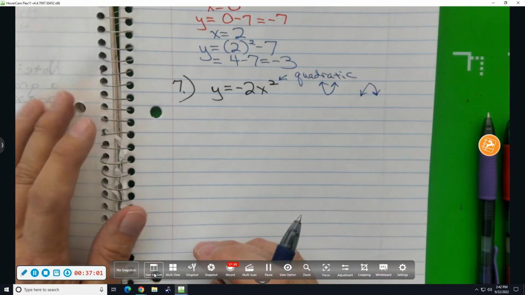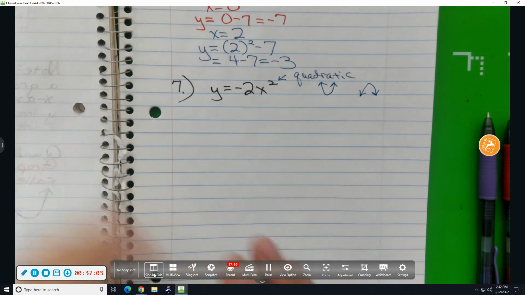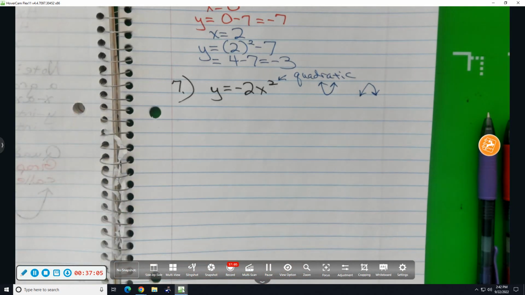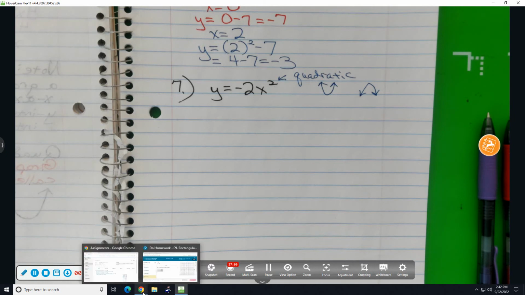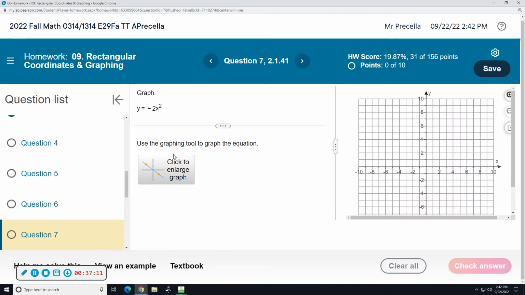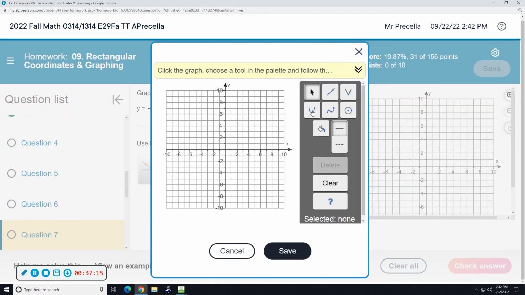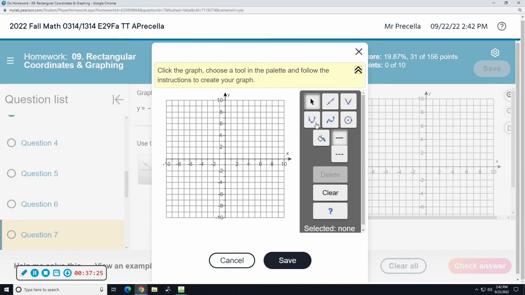They don't tell you how many points to plot. So let me look. I hovered over the little quadratic, the U shape, and do you see what it says?